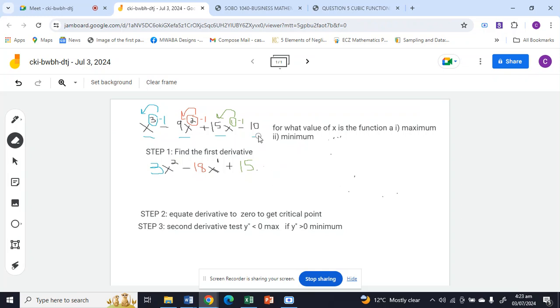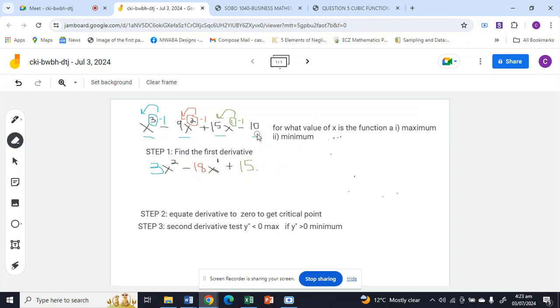Then for numbers that don't have a variable attached to them, they disappear. They just go. You don't need to show how they go. All you need to do is just remove it from the function.